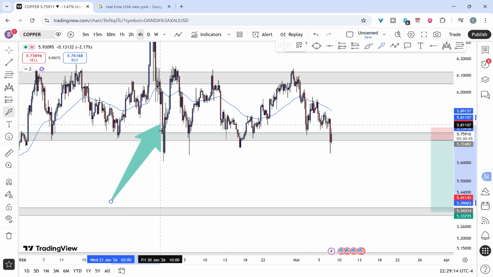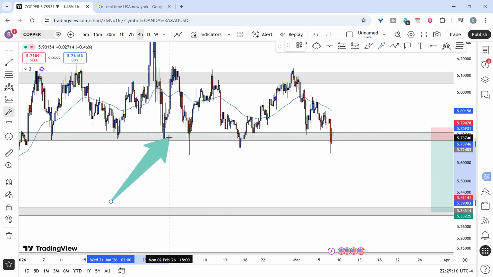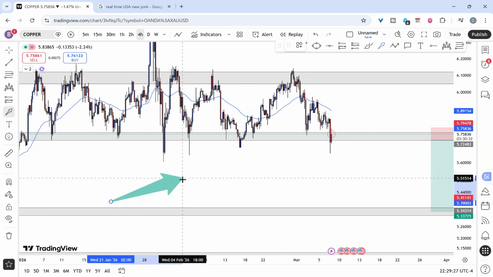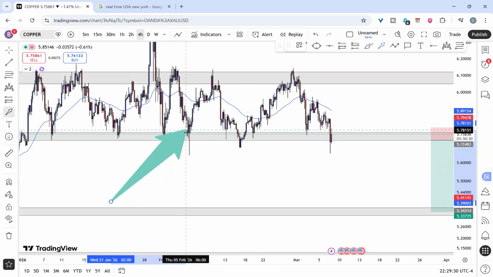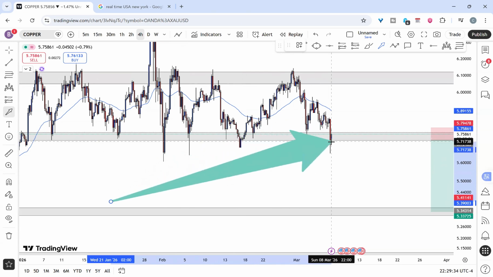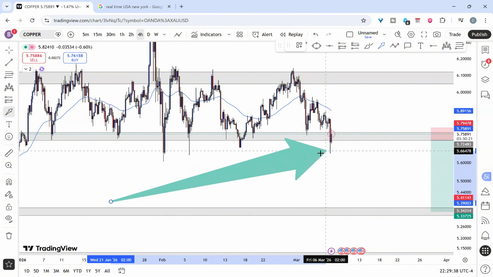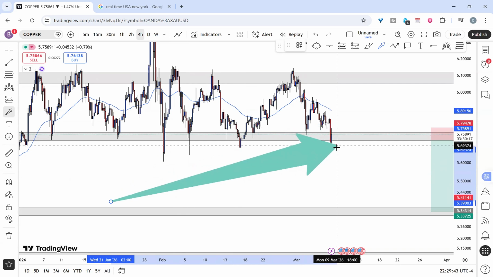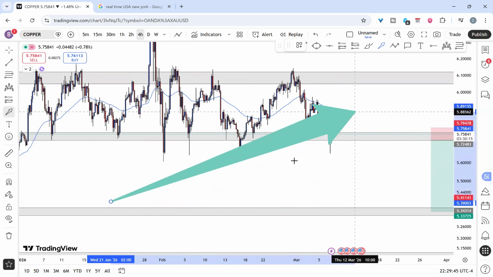That's why you need to have a break, a retest, and then you need to confirm yourself: is it really pushing further up or is it pushing down? All right. And it's the same thing that happens right over here. And now we have another attempt. All right, so be cautious and make sure that copper really wants to go down and not up.